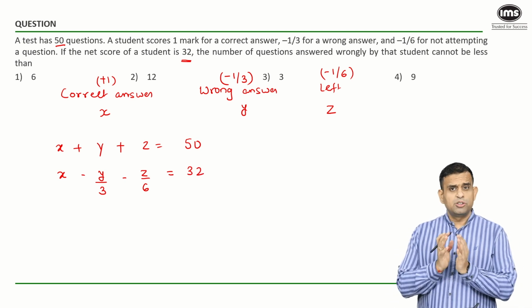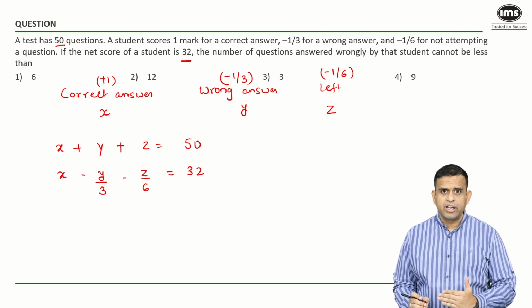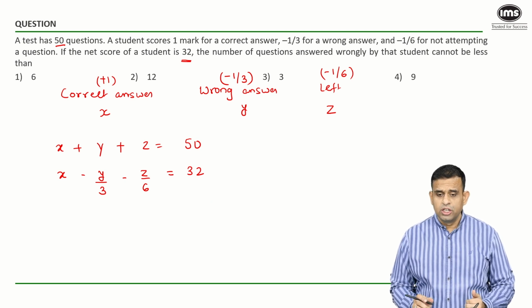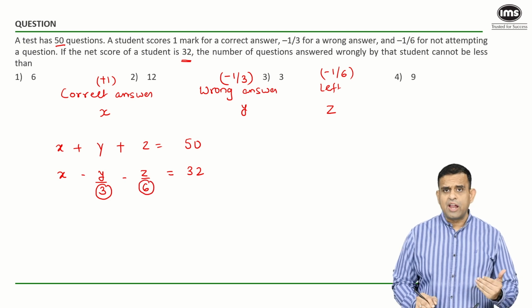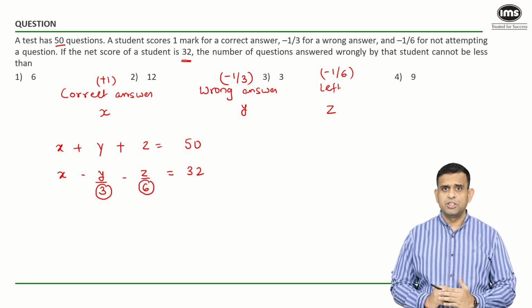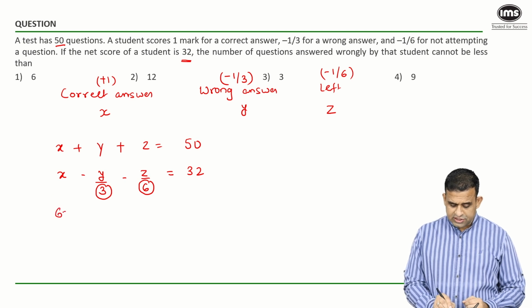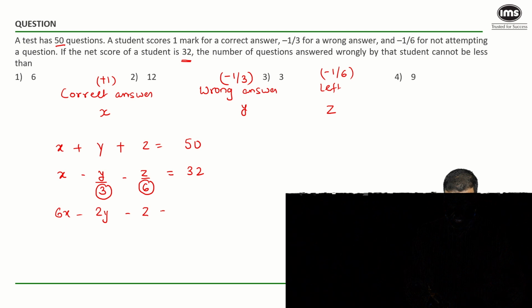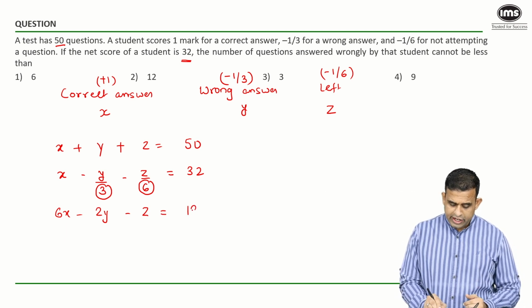Now, if I focus on my second equation, I can see some fractions. To simplify the second equation, because I can see numbers like 3 and 6 in the denominator, I will choose to multiply my second equation by 6. And if I do that, I will get 6x minus 2y minus z, and this should be equal to 32 into 6, which equals 192.